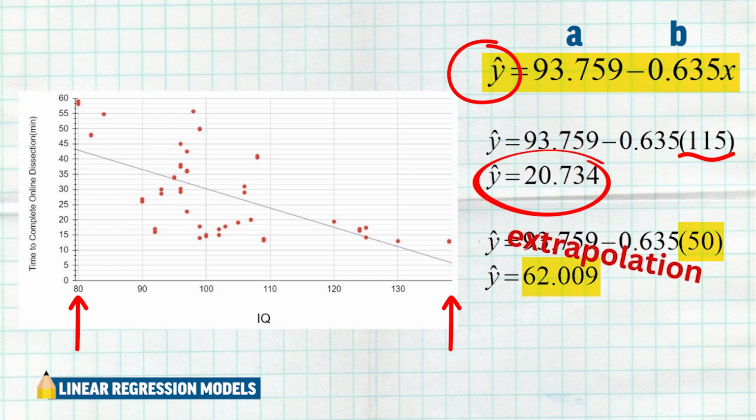This equation was created to do one thing and one thing only, which might seem a little bit different from algebra class, but is only created to take an explanatory variable x and give you a predicted value y hat. You cannot take an actual amount of time to do the online dissection, that would be an actual y, not a predicted y, and plug it in for this spot. That spot right there is reserved only for predicted y's, not actual y's. So the equation was created to do that one exact thing.